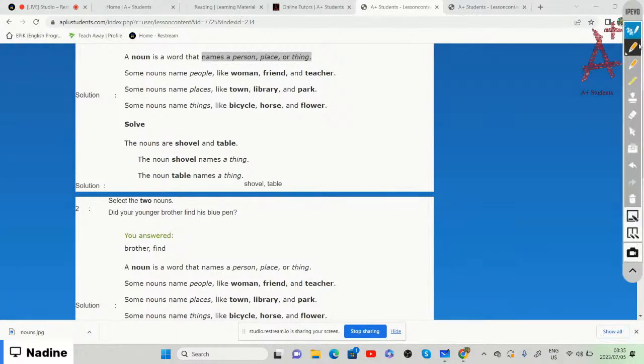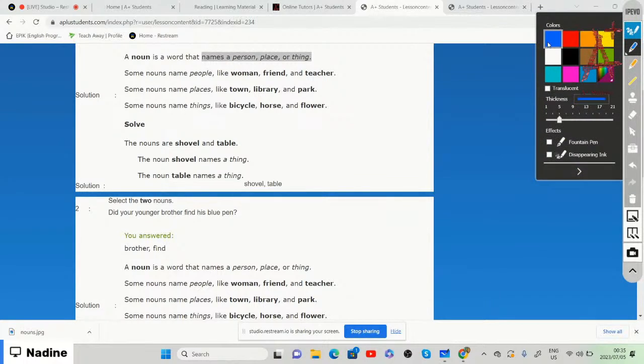All right. The two nouns that we are going to select are brother and pen. Beautiful. The person that said brother and pen, that is correct. We don't really have to say blue pen, because blue is just describing what type of pen. It's describing the noun.